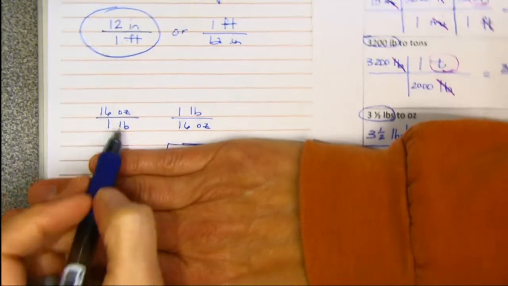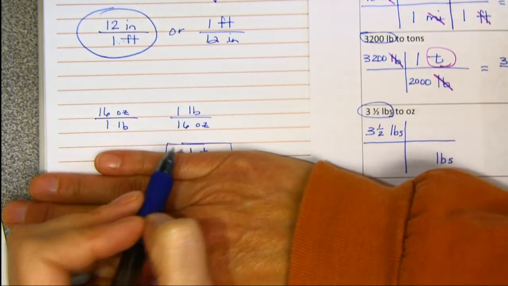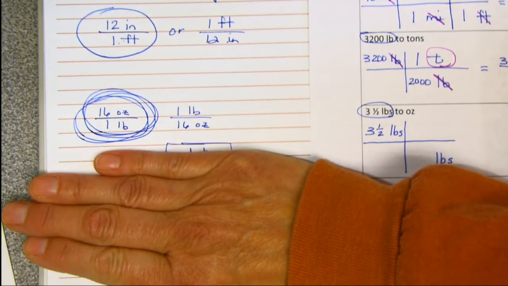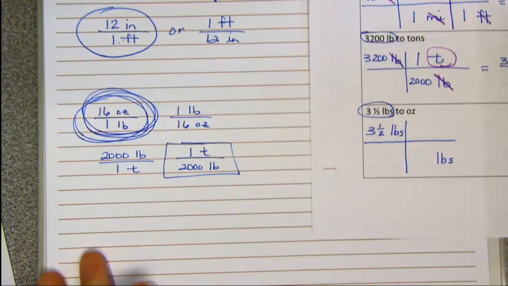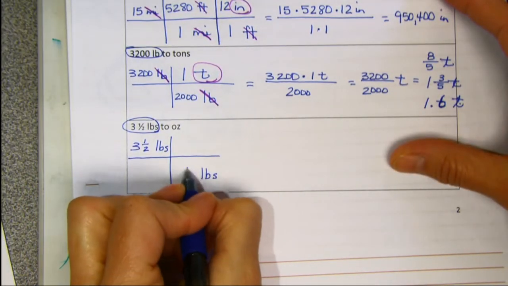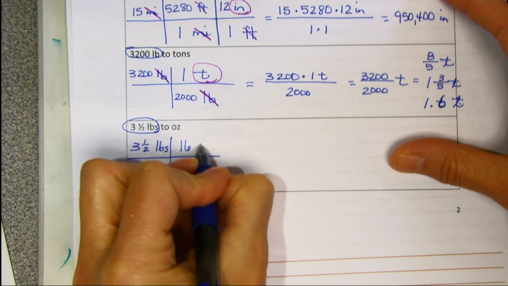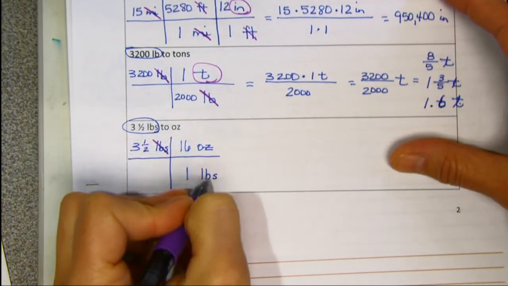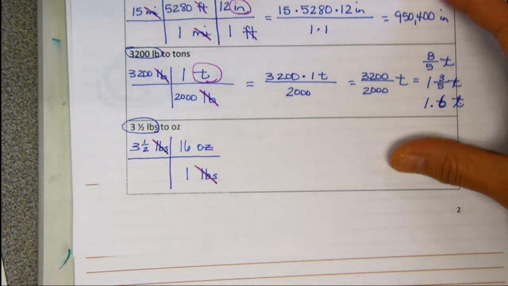So pounds to ounces would be one of these two, and we know that pounds goes on bottom, so for this one we're going to use this unit conversion. So I will have 1 pound is 16 ounces. So my pounds cancel. I'm left with ounces, which is what we want.